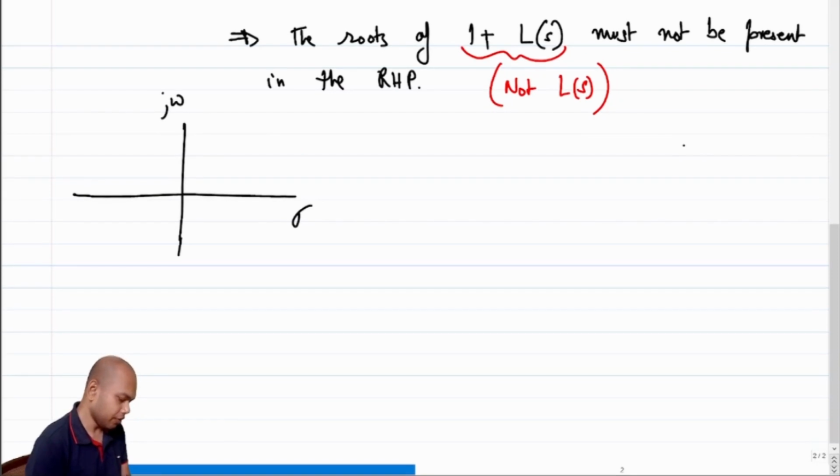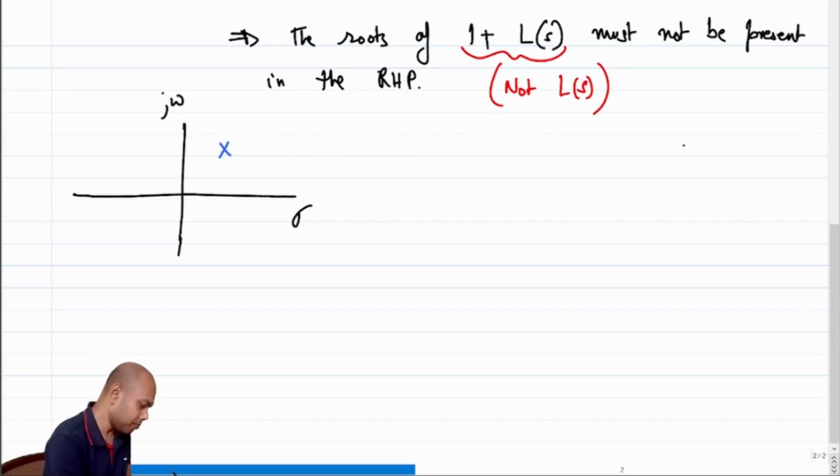We are essentially looking for the location of the poles of L of s. So if the poles of L of s exist in the right half plane, let's say one pole exists.